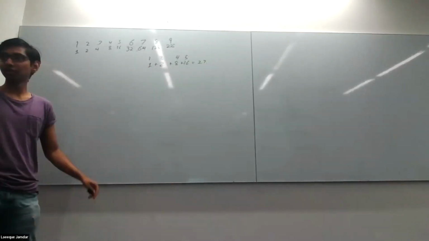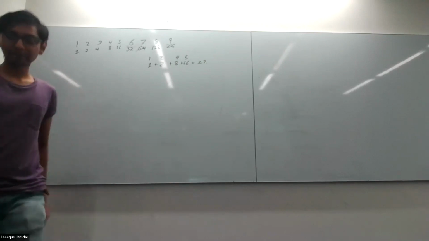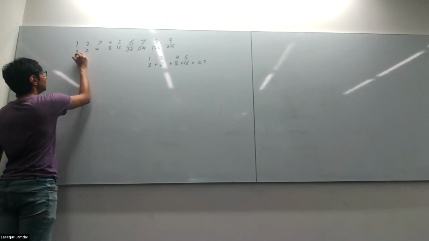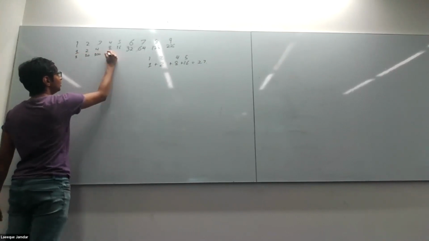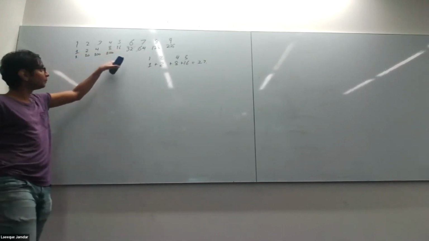Write out the binaries in these things. Yeah, that's a good idea. 1, 1, 0. So in binary, this is what the numbers look like.